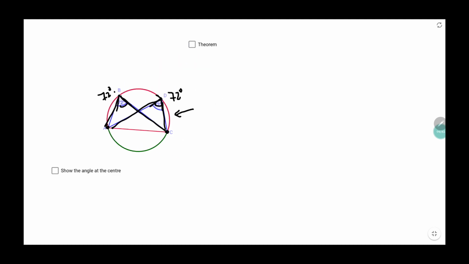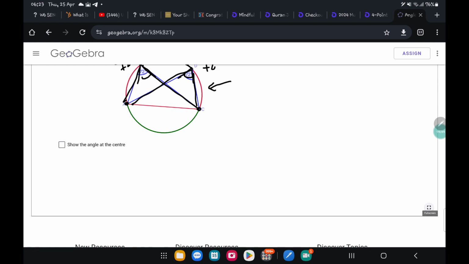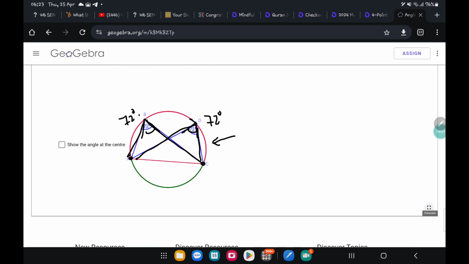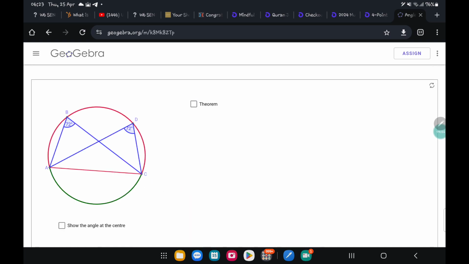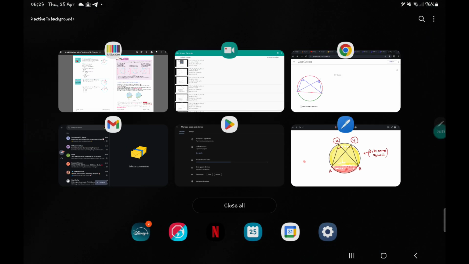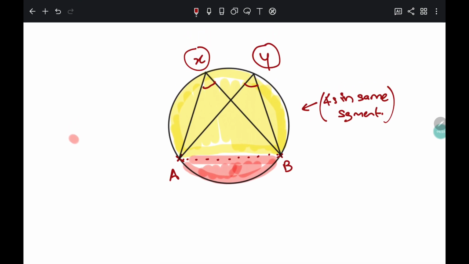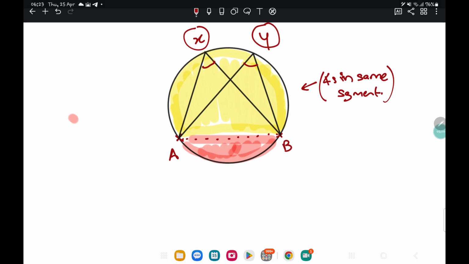So what this shows us is that angles in the same segment are equal. Let me go back to this part here. When I have angles in the same segment, they have equal angle.